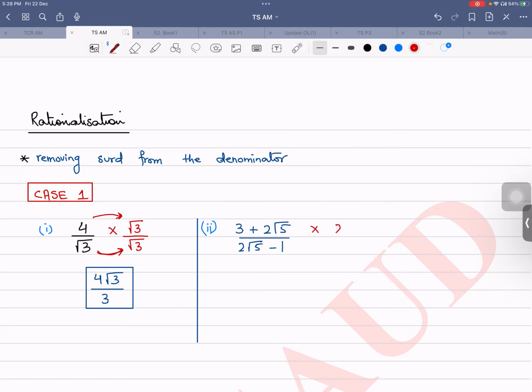So I am going to multiply with 2 square root 5 plus 1 upon 2 square root 5 plus 1. I will multiply the numerator with the numerator and the denominator with the denominator. So I'm going to write it as 2 brackets. To make my understanding more clear, I'm going to write it as 2 brackets.